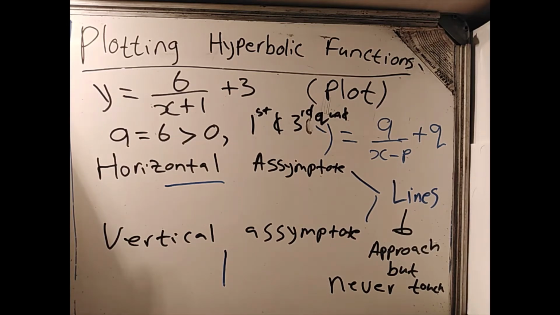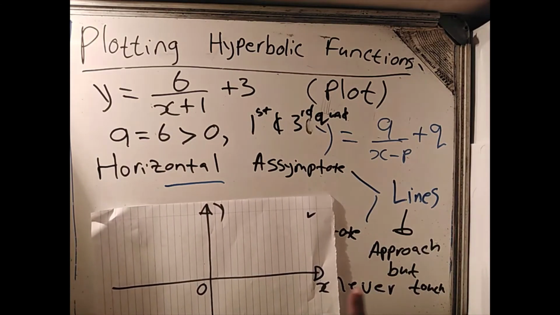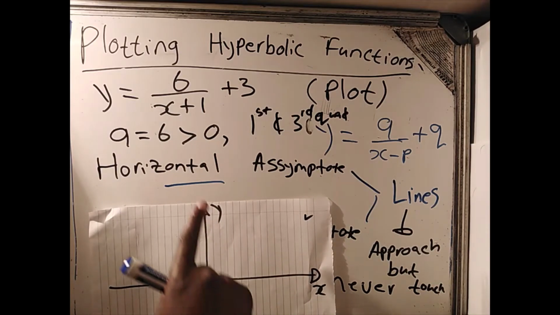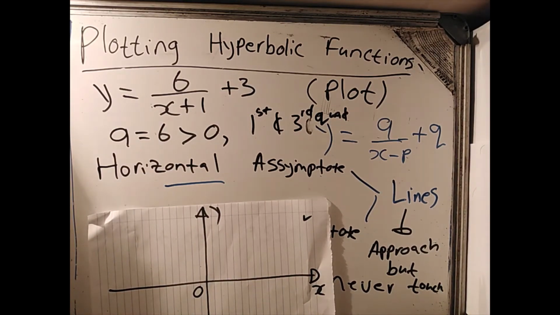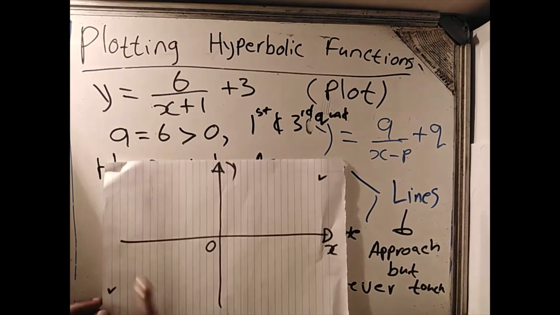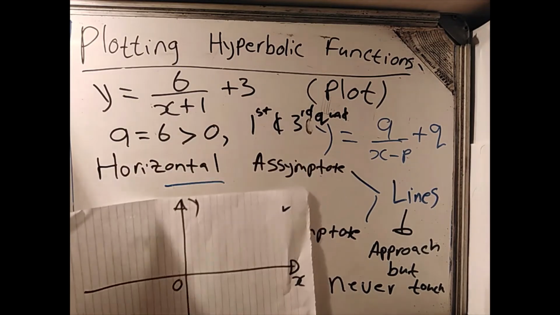Now guys, a horizontal asymptote goes like this, along the direction of the x-axis.